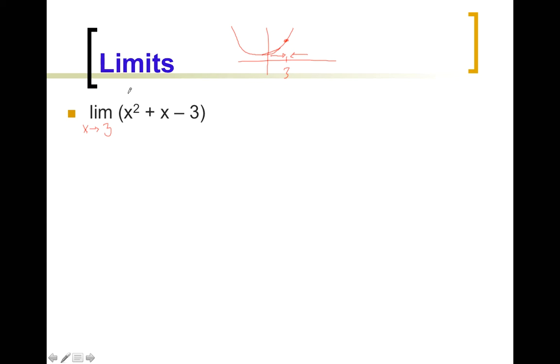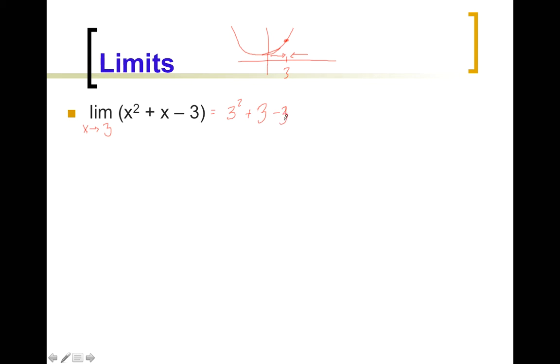Now, in this case, all I have to do is plug it in, because there's nothing bad going on at x equals 3. This isn't always the case, but in a few cases like this it is, and I'll explain it in more depth in a few minutes.